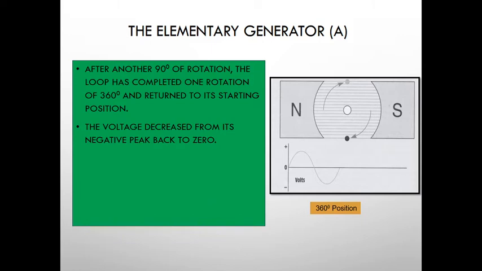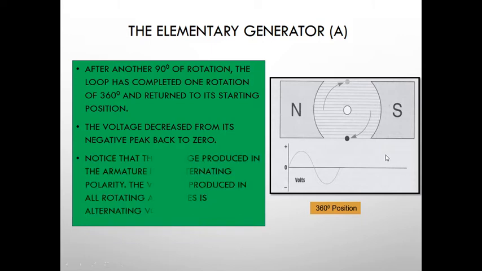Notice that the voltage produced in the armature has alternating polarity. As I said earlier, originally the output of the armature is alternating current, alternating voltage.